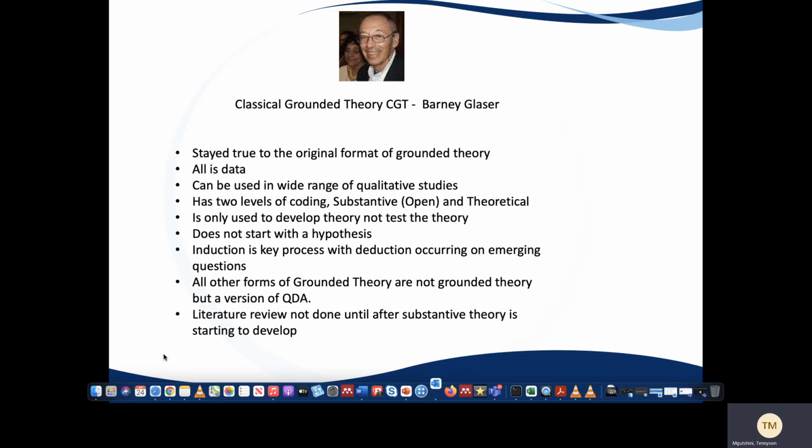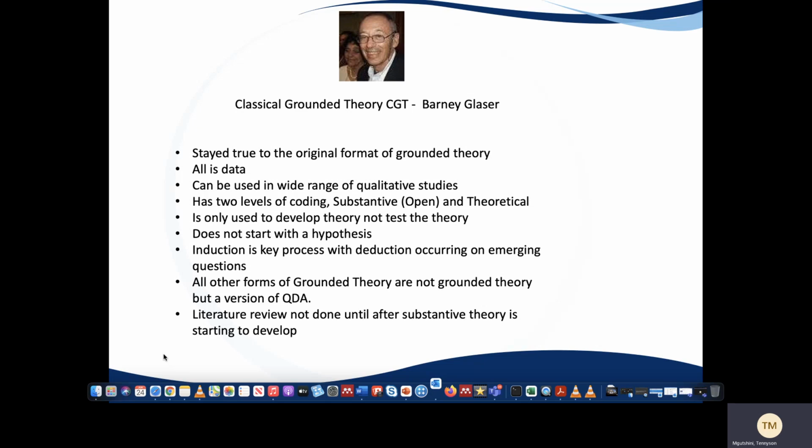And it talks about the fact that when you develop theory, it can happen at 2 levels, and one is this substantive open level, and one is this theoretical level.